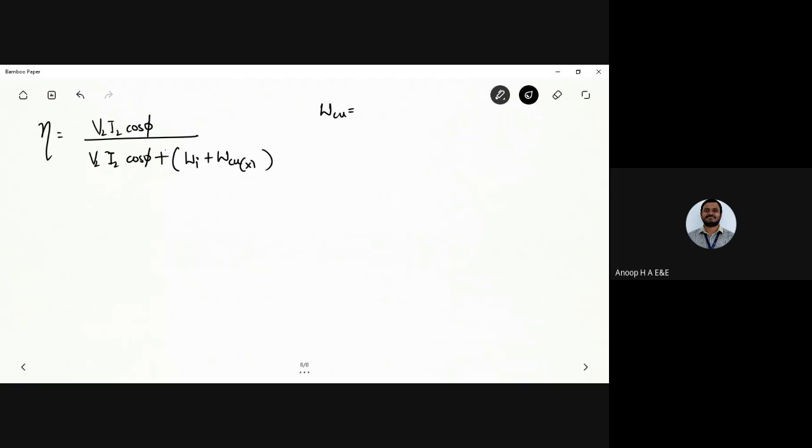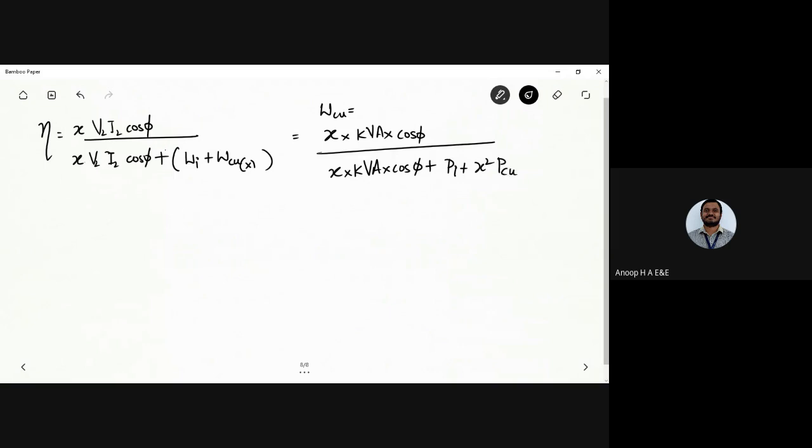Now if the load is varied, I'll have a change in the values of the output also. So that is X into kVA into cos phi, divided by X into kVA into cos phi plus the iron losses Pi and X squared into PCU. This varies as the square of the load, so I take the copper loss as X squared into PCU.